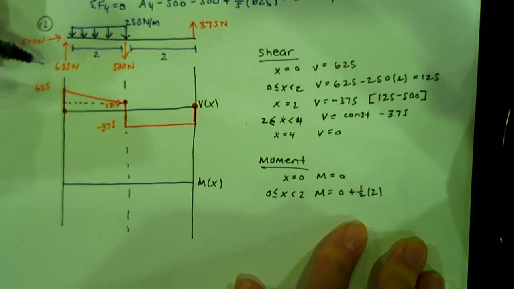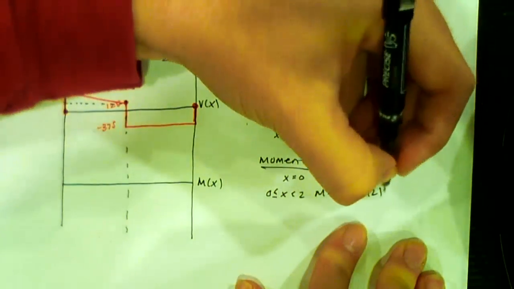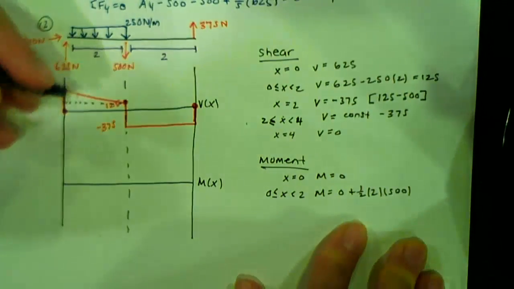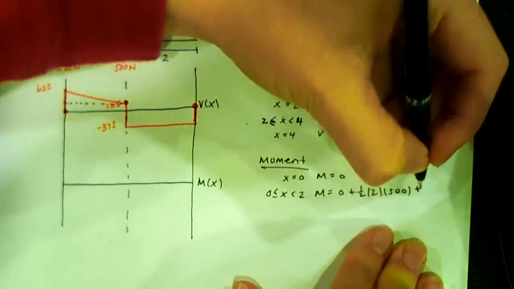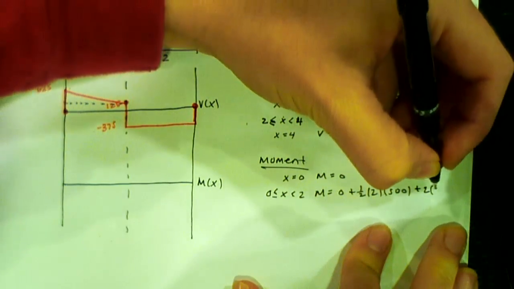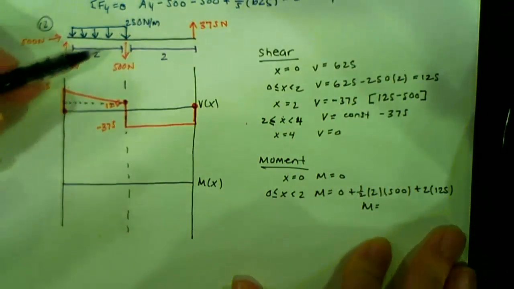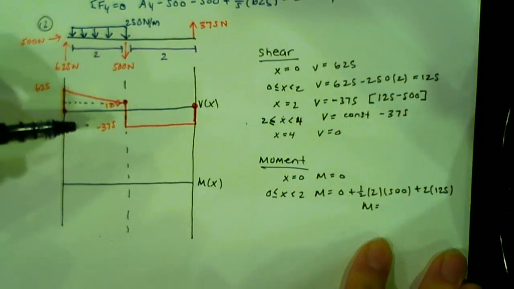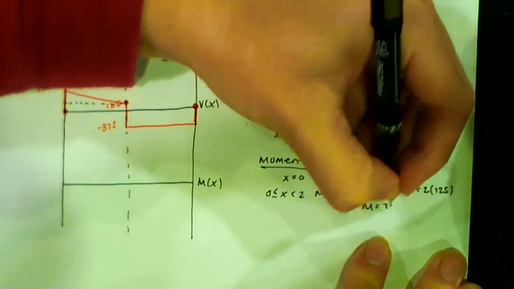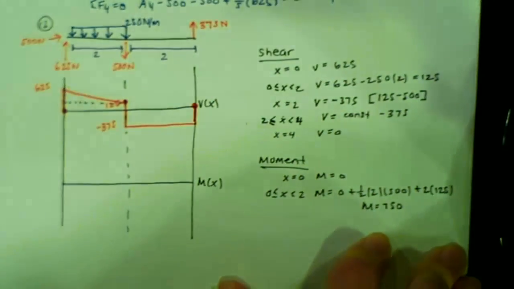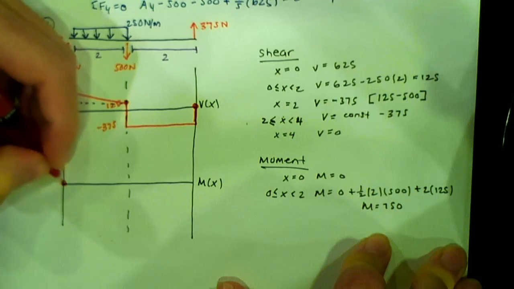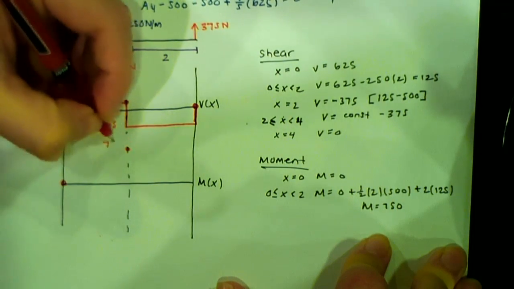So that's just 500 for the triangle. Then for the rectangle, I have plus 2 times 125. So my moment at x equals 2 should be 750. So we start at 0, and we end up at 750.